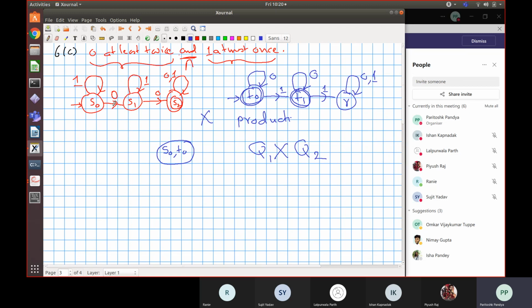And we start with the initial state of the first automaton and the initial state of the second automaton. You can do cross product of NFAs also, but here we have two DFAs. So the start state is going to be S0, T0, right? Agreed? And this is going to be my start state of my product automaton.